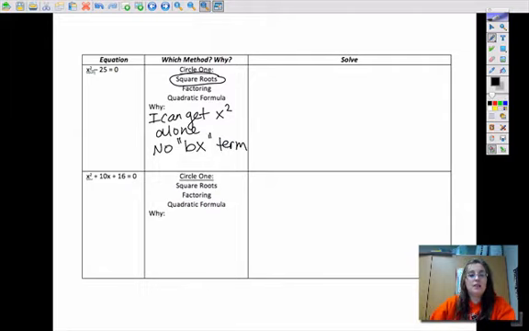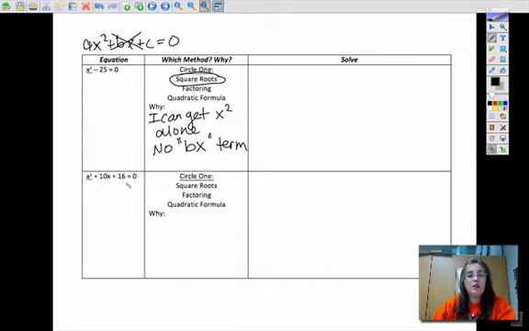It's definitely not factored form or vertex form, and it's in general form, except that there's no bx term, there's just the x squared plus c, which means that I can move c over to the right, and then I can divide by a if I need to, and square root, and I've got an answer. Okay, so I know that's square rooting.